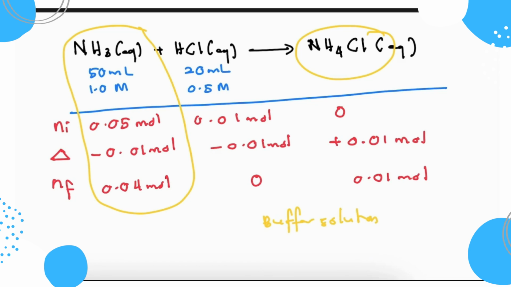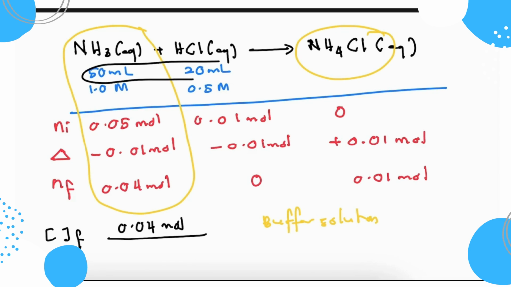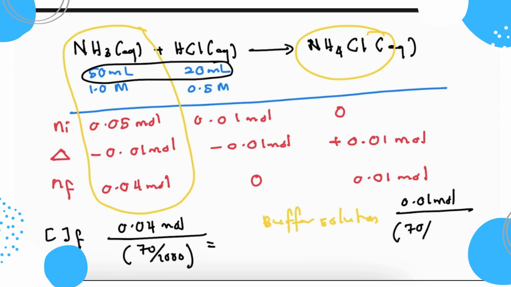So now we need to identify the molarity of the weak base and its salt. So the molarity is 0.04 mole over the total volume, which is 70 over 1000. And for the salt, 0.01 mole over the total volume of 70 over 1000.